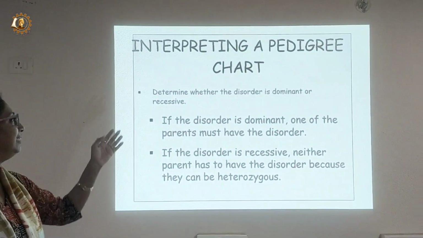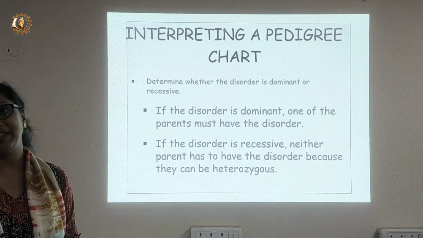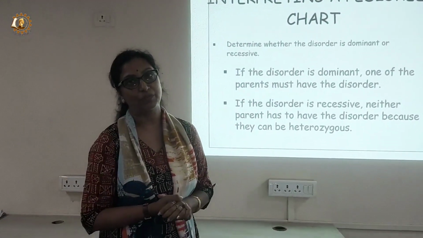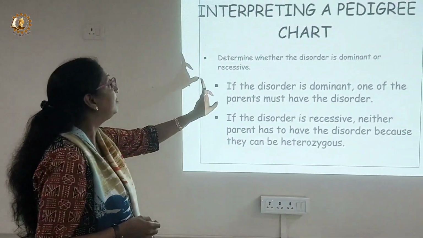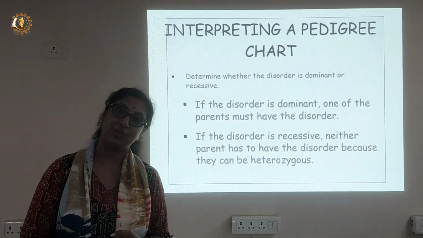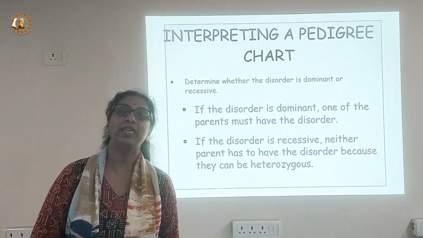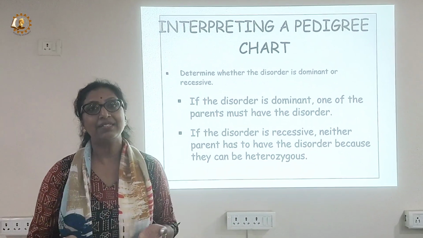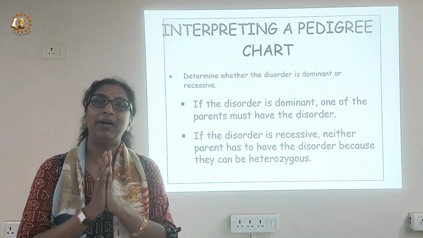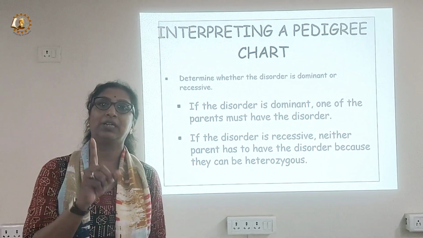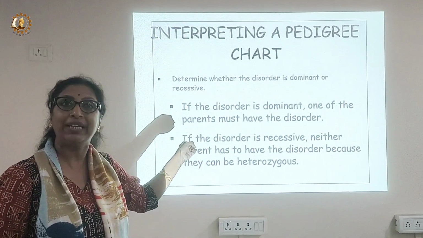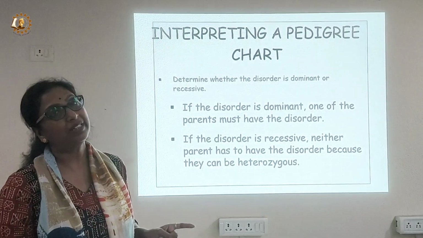Next, the dominant and recessive part. Whether it will be a dominant pedigree or a recessive one. If the disorder is dominant, one of the parents must have the disorder. Hopefully, students, you remember in my class I have repeatedly told you, any one of the parents must have that particular disorder or the affected allele, then only their children will get that affected allele from their parents.